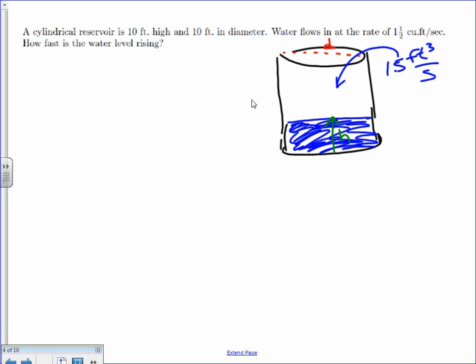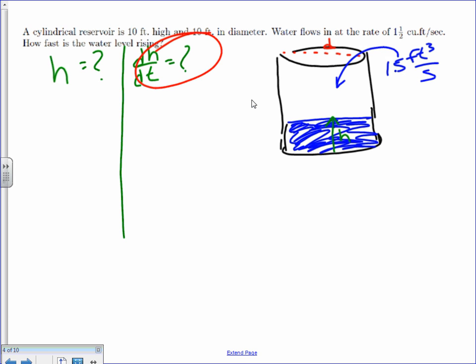I just care how fast is that water height rising. So h is unknown, and dh/dt is unknown. But that's what we're trying to find. So I'm going to put that right there.